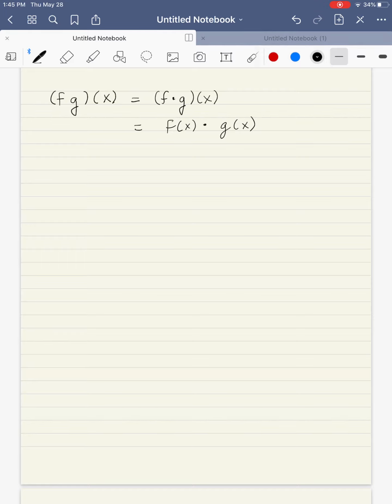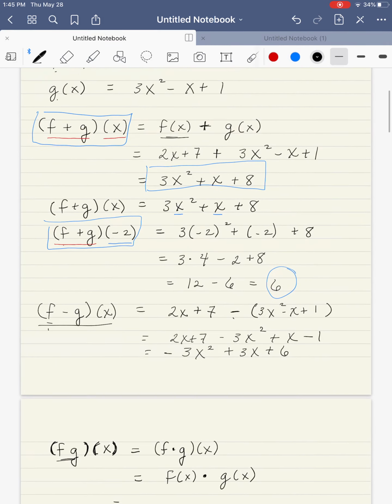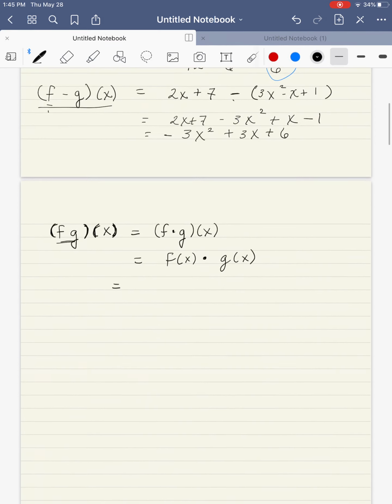Now notice in this example here, as in the previous ones, the parentheses around the x and around the f times g are the function notation. They are not multiplication. The dot or the two letters close to each other means that I'm multiplying the two functions.